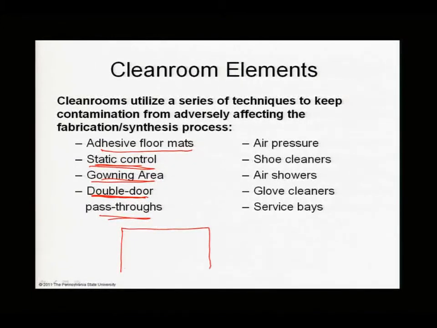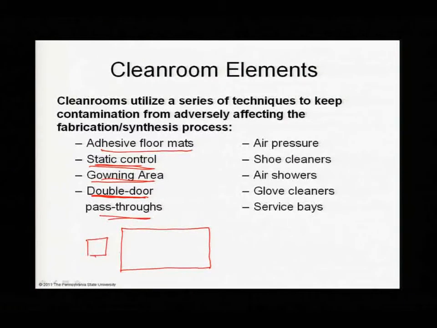So here's your clean room. Let's suppose we're looking down. You need a gowning area out here, someplace where you gown. You need perhaps a place where you get a shower. You need pass-throughs so that people can pass things out of the clean room if they want, and pass things into the clean room if they want.